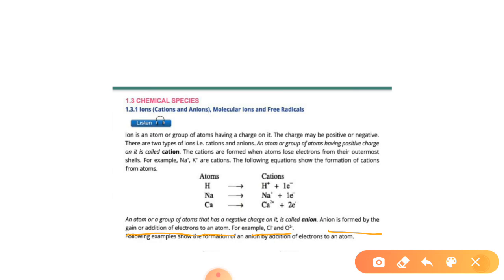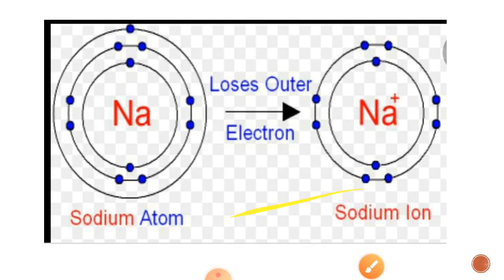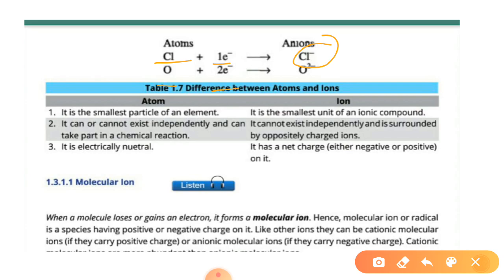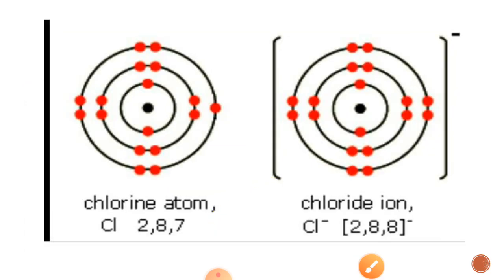Following examples show the formation. Okay, let's do its examples. Here you can see that a chlorine atom gains 1 electron and becomes Cl negative, and oxygen gains 2 electrons and becomes O2 negative.